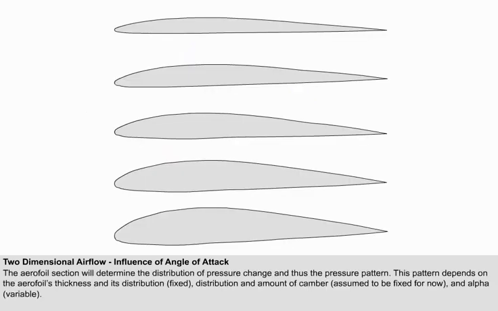The aerofoil profile presented to the airflow will determine the distribution of velocity change, and hence the pressure pattern over the surface. This pattern is determined by the aerofoil's geometry, that is, the thickness and its distribution, which are fixed, the camber and its distribution, which are assumed to be fixed for now, and by the alpha, which is variable.